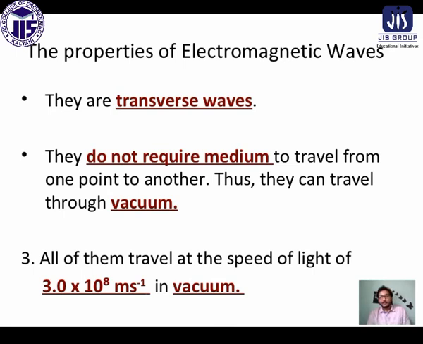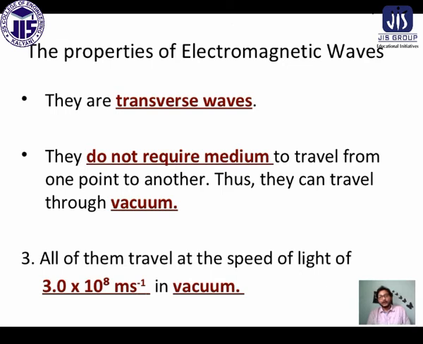The speed at which this electromagnetic wave travels is called the speed of light. And we all know that the speed of light is nothing but 3 into 10 to the power 8 meter per second, obviously in vacuum.